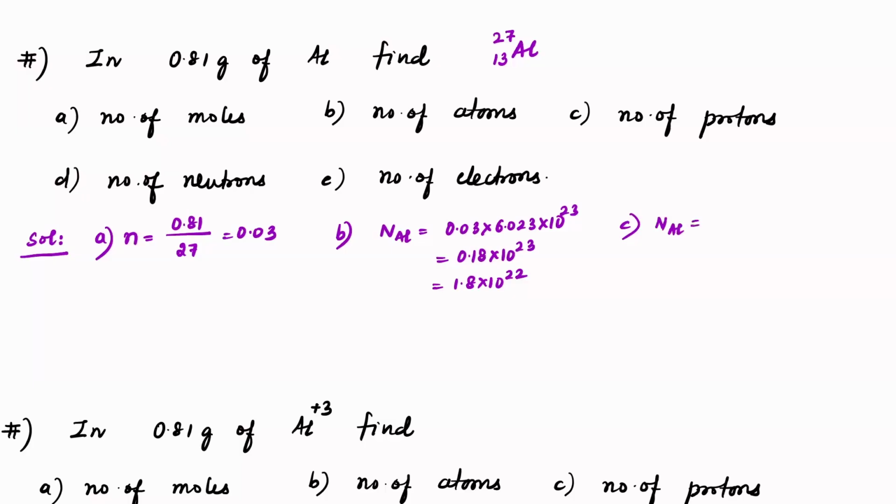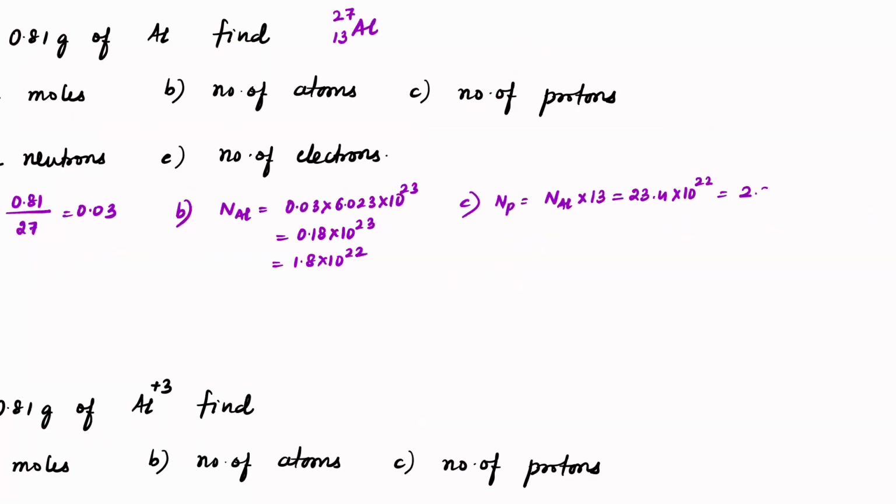So the number of protons will be the number of aluminum atoms multiplied by how many protons each atom has, which is 13. No, 30. Correct, so you just have to multiply that with 30. So I'm getting 23.4 into 10 raised to the power of 22. How do I put it in scientific notation? 2.34 into 10 raised to the power of 23 protons.